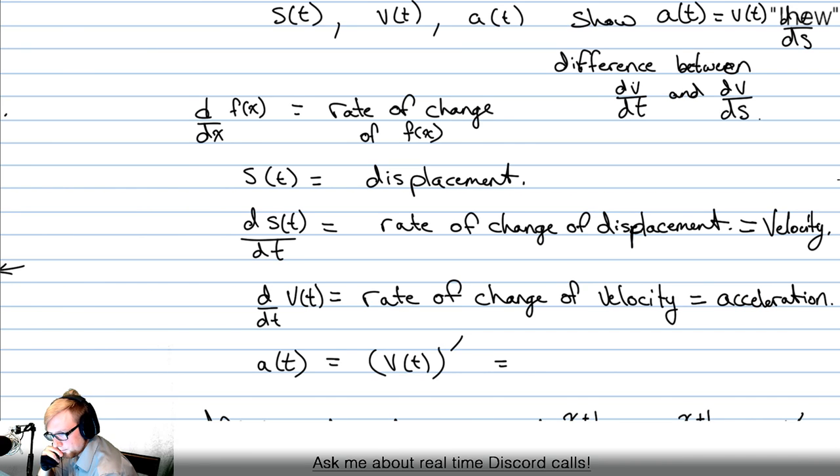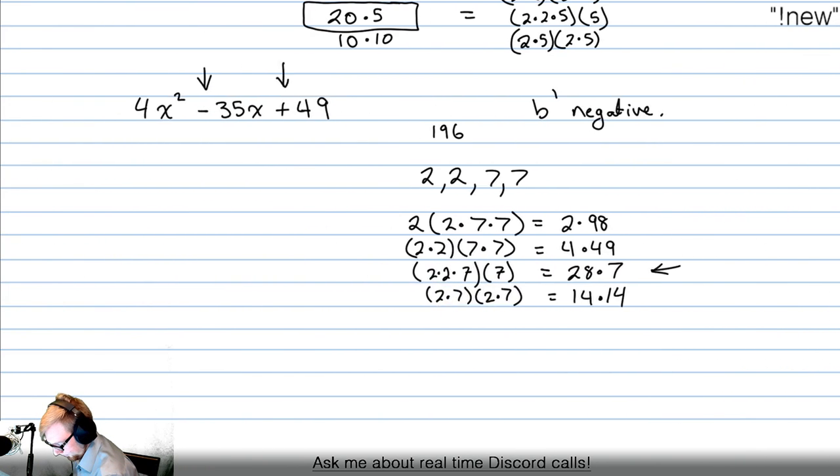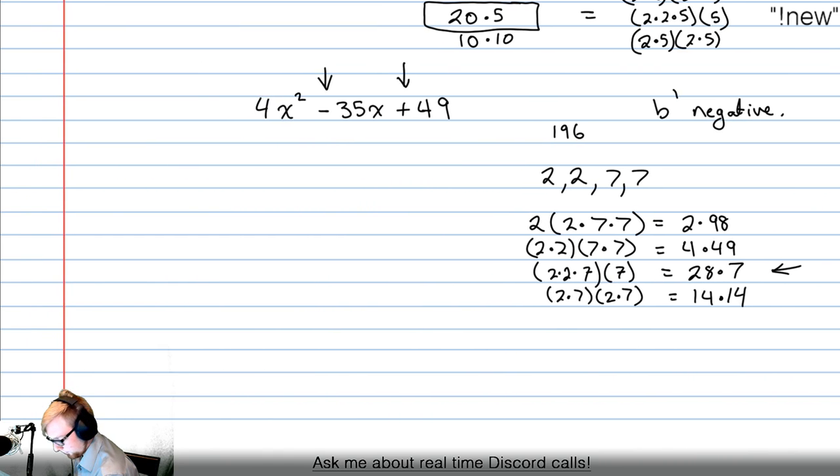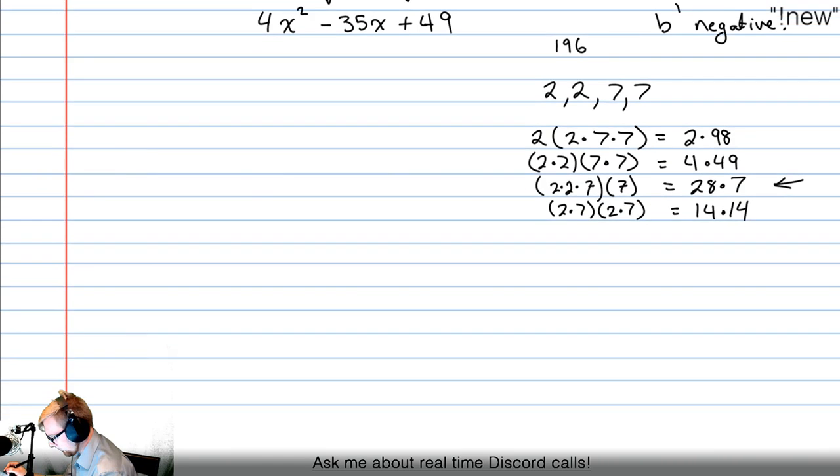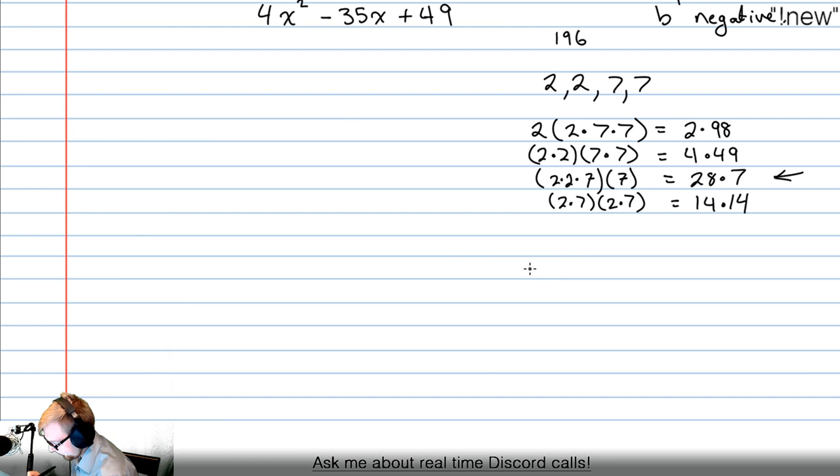Mm-hmm. So I broke it down to the primes. I got 3 outside of the parentheses, 2 times 7 times 7 inside the parentheses. So 294. And what did you get for all of them? It's 2 times 3 times 7 times 7.